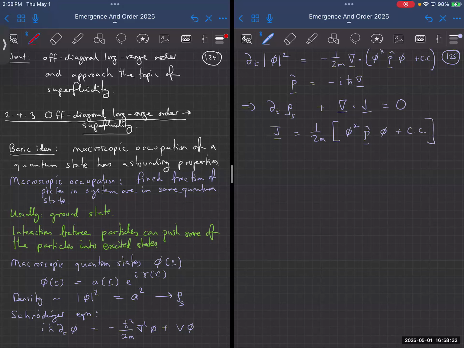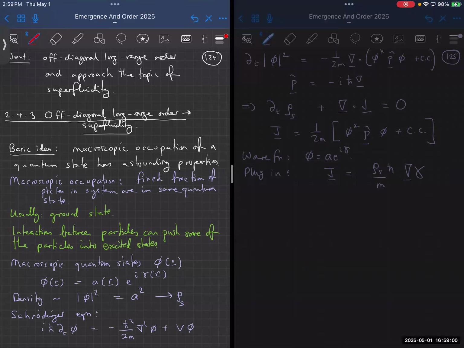Now remember that our order parameter, our wave function rather, is phi equals a e to the i gamma. If I plug that into this equation, what I get is that the current j is equal to rho s over m times h bar times grad of gamma.